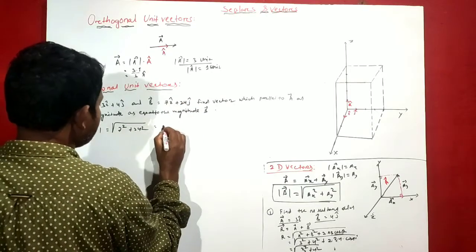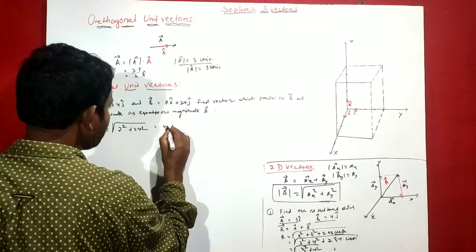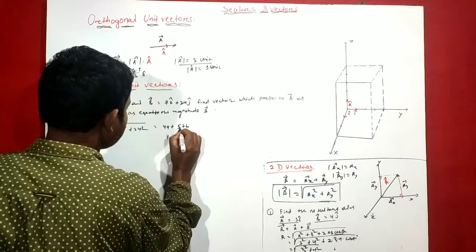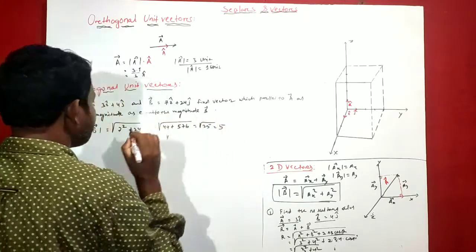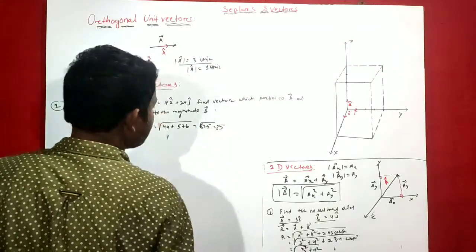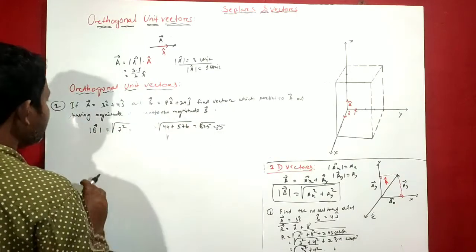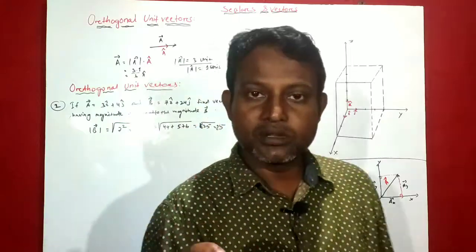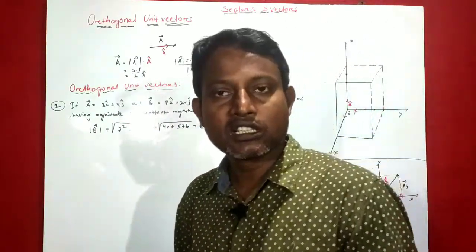So the magnitude will be the square root of 49 plus 576, that is the square root of 625, that is equal to 25. That means our new vector will have a magnitude of 25 units.